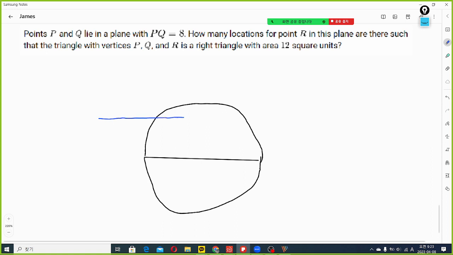So if we make a horizontal line parallel to the diameter PQ, and the distance between these two parallel lines is 3, we can make a right triangle.